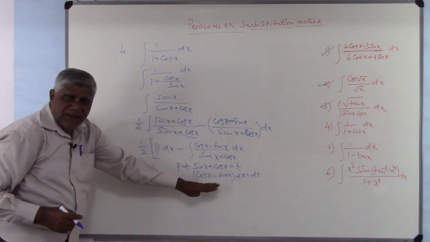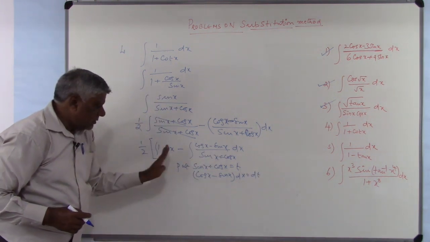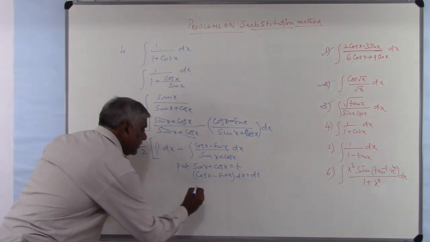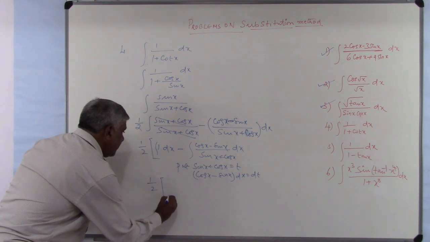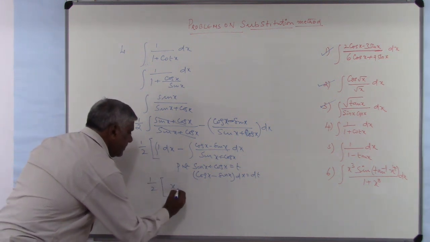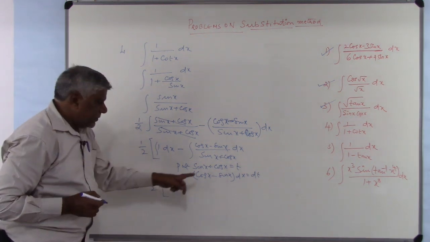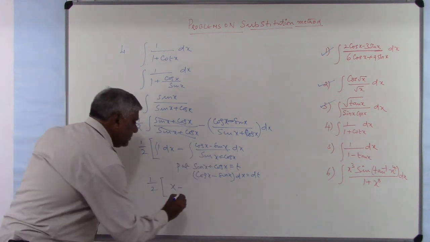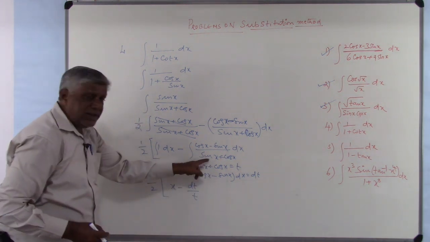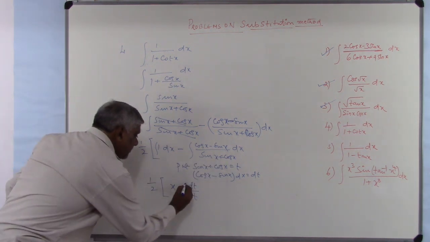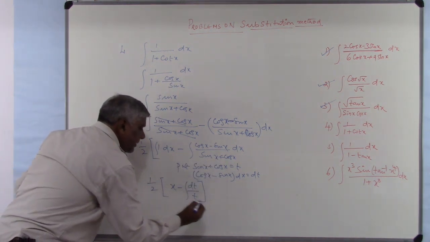Only for this adjustment we are doing, not for this. Now it is half of x minus dt by t with integral.